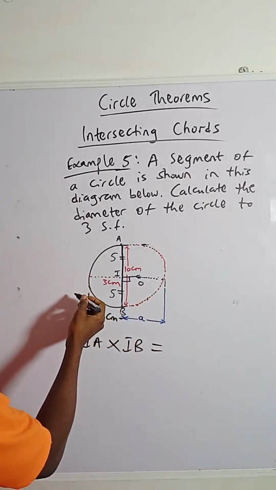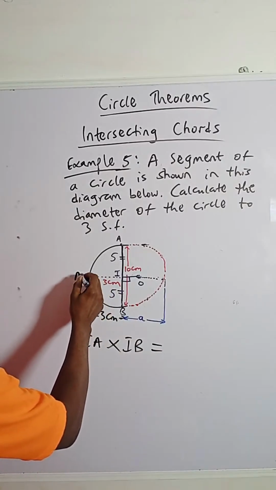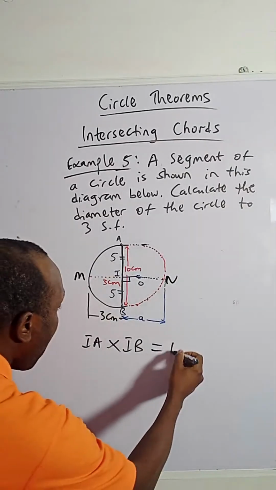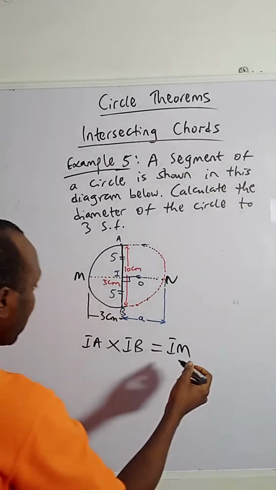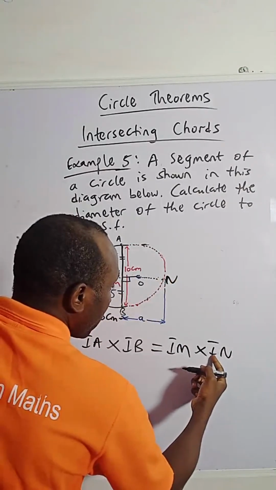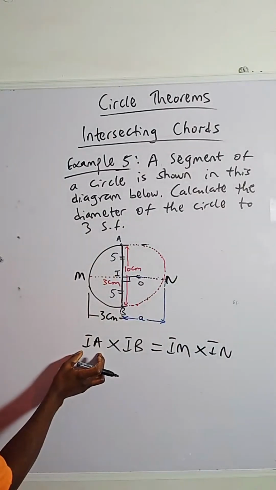I'm going to say this point here is M. Let's call this M, and let's call this N. So we say IM times IN.